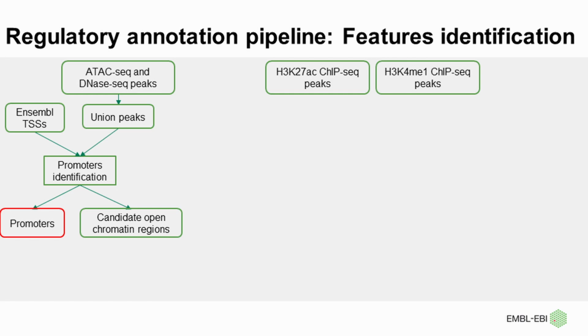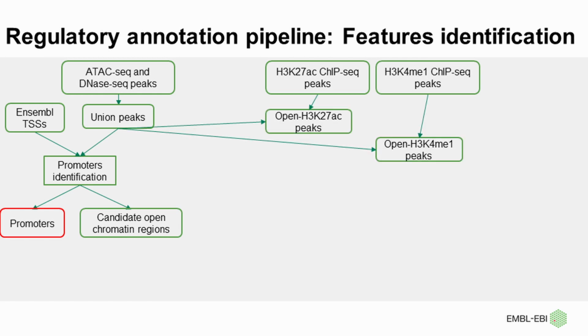So after this step, we have the set of our promoters, and then we have a set of candidate open chromatins. Then we use the information from these two histone marks that are related to active enhancers for identifying which of these candidate open chromatins will be enhancers and which will be open chromatin regions.